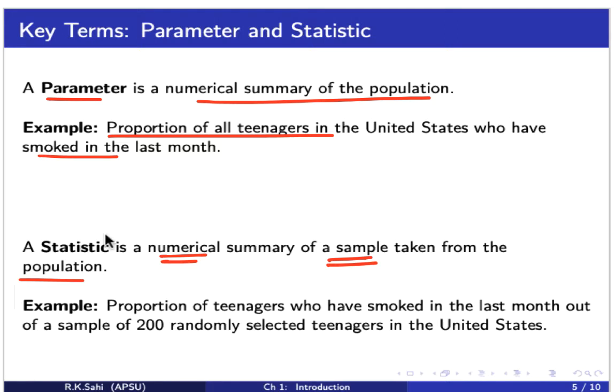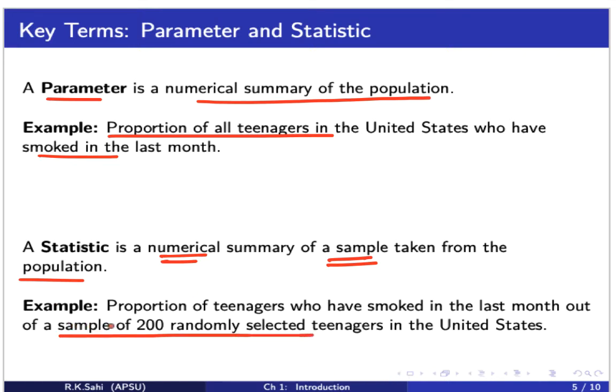Depending upon the context of what you're looking at, that's how you make the difference. So if you're looking at some numerical summary of a sample taken from a population, that means you're looking at a statistic. For example, the proportion of teenagers who have smoked in the last month out of a sample of 200 randomly selected teenagers in the United States.